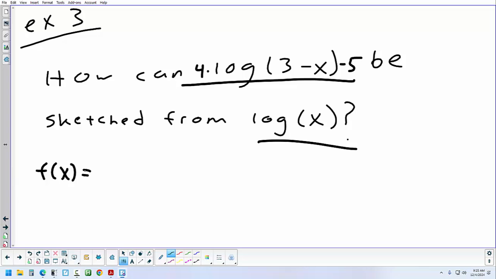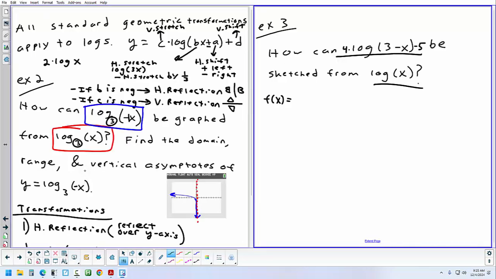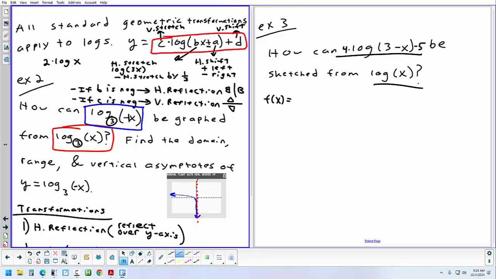Well, first of all, does what I have written match the pattern in this red box? No, it doesn't match it exactly. Something's not quite the way it should be. What doesn't match there? 3.